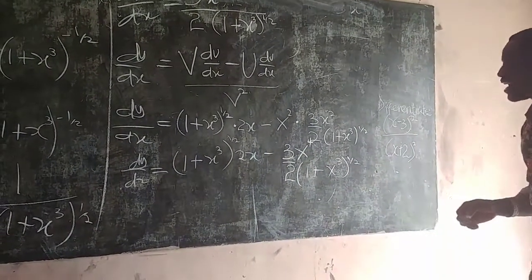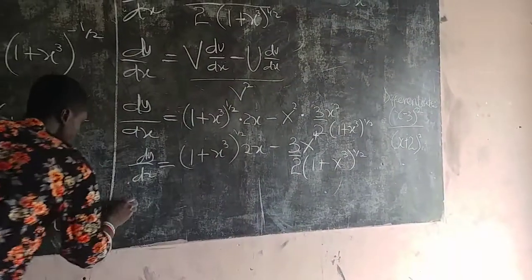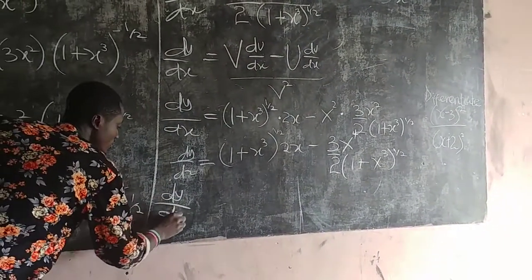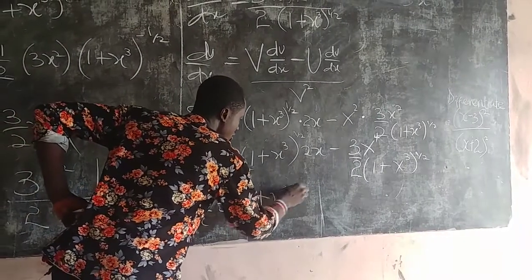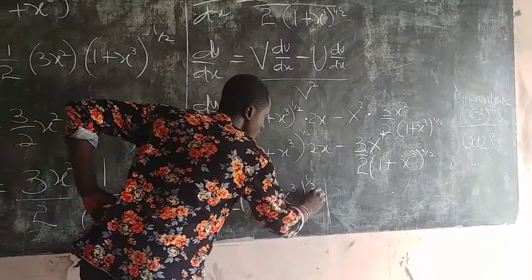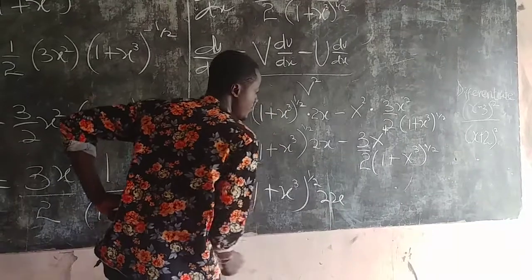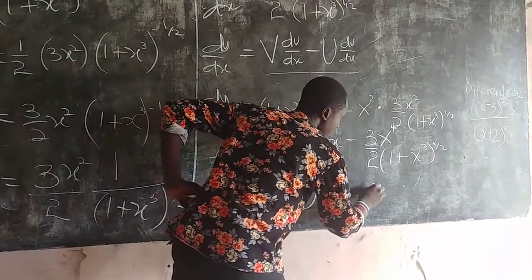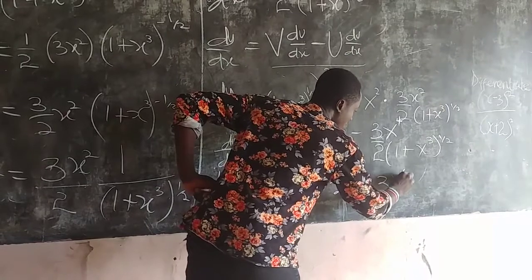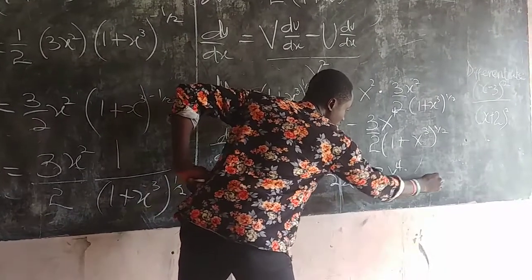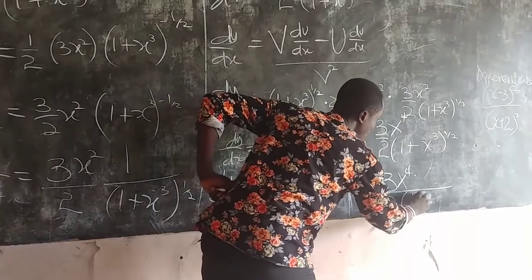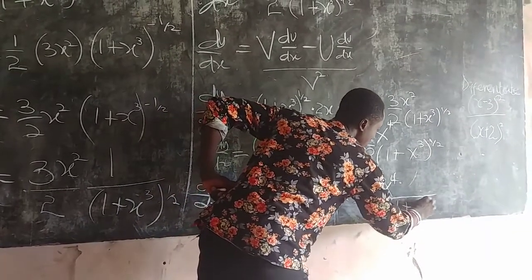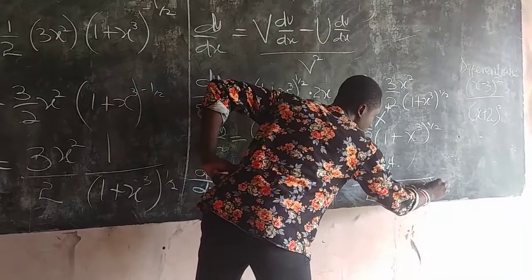So our final answer, dy/dx, will be equal to 1 plus x cubed exponent 1 over 2 times 2x minus 3x exponent 4, all divided by 2 bracket 1 plus x cubed bracket close exponent 1 over 2.